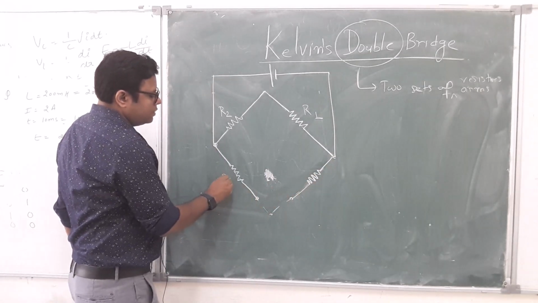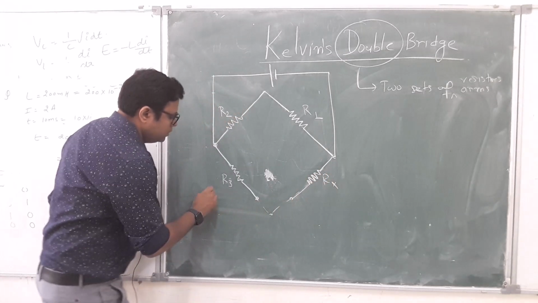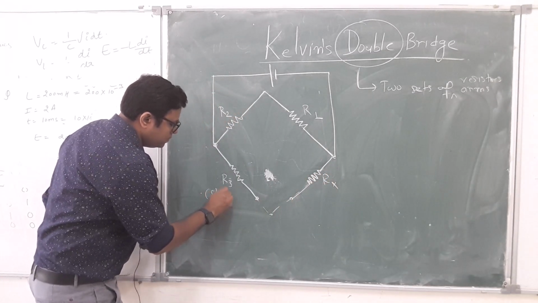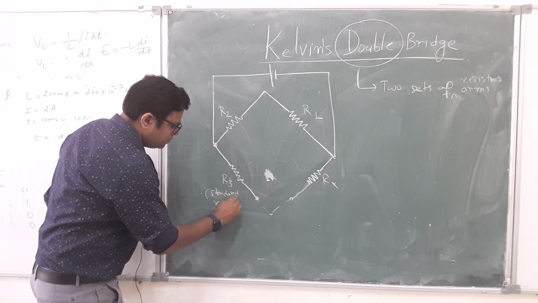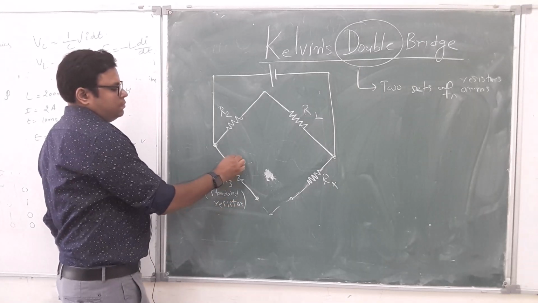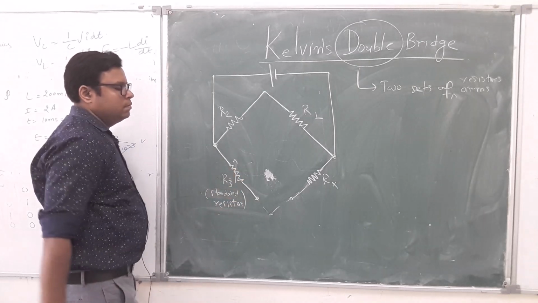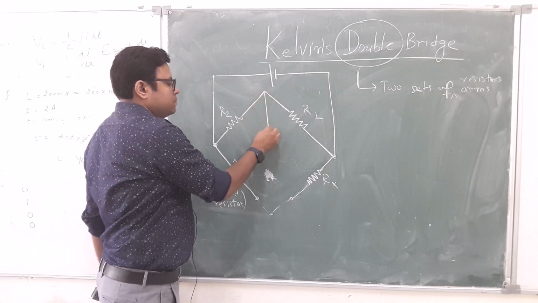So this is R3, this is Rx, this is a standard resistor. Now here comes the galvanometer.